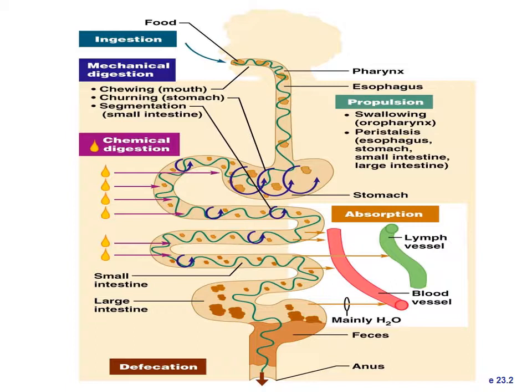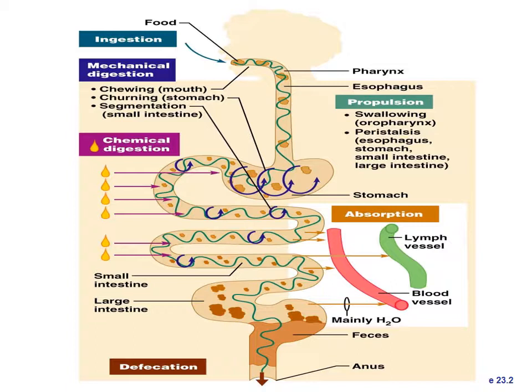Chemical digestion. This is chemistry. Breaking larger molecules into smaller ones. Chemical digestion of starch begins in the mouth, but chemical digestion of proteins and fats begins in the stomach.